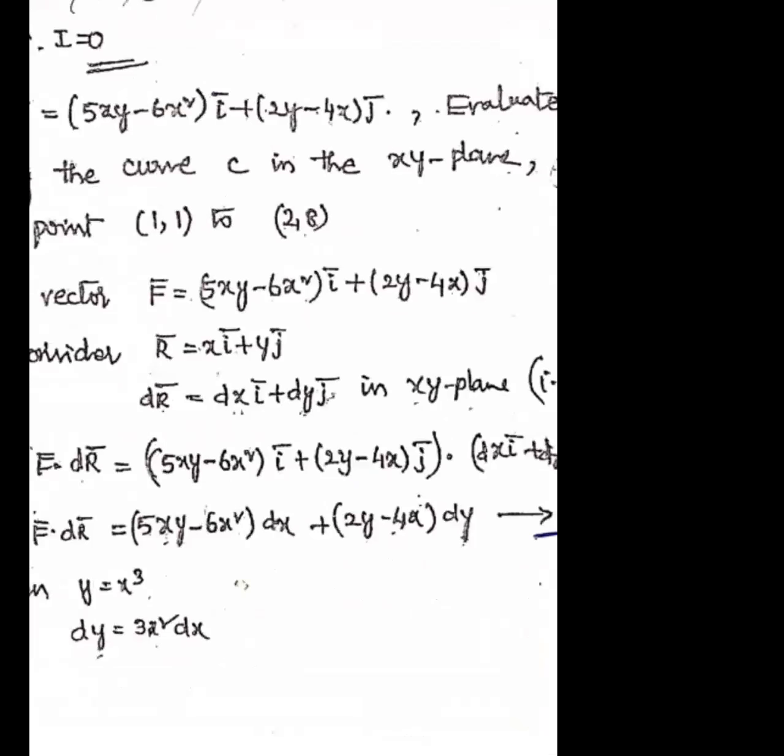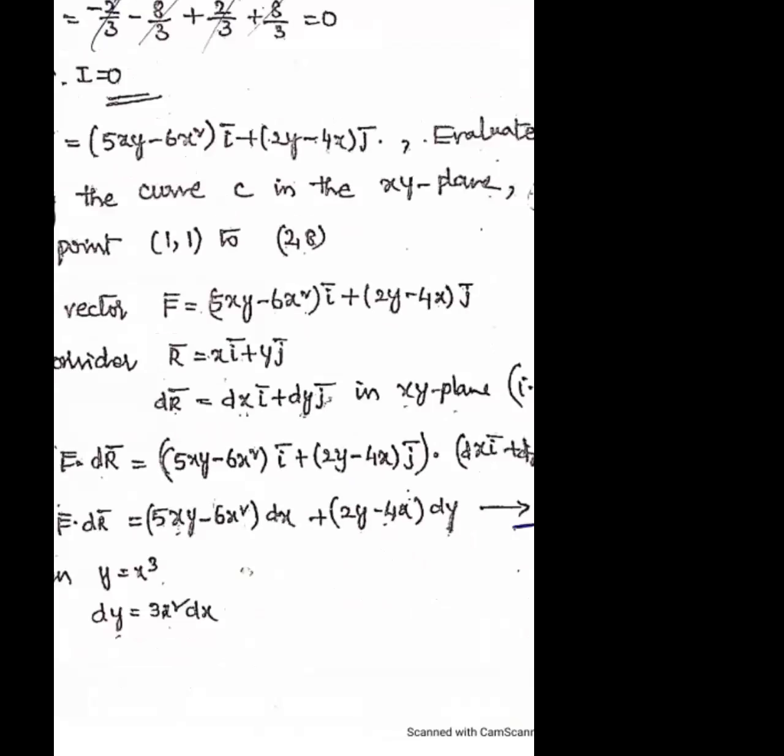F bar dot dr bar means the coefficient of i, 5xy plus x square, times the coefficient of i in dr, so (5xy plus x square) dx plus (2y minus 4x) dy, because multiplying both functions, i dot i is 1, j dot j is 1.